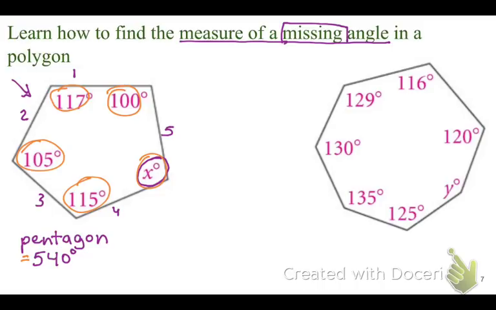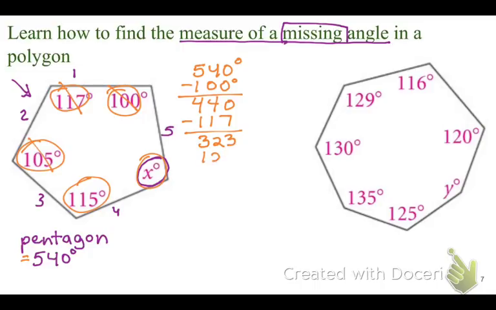So let's try. I know my total is going to be 540 degrees. So I can take away these, and there's a million ways you can do this, guys. I'm just doing it this way. Subtract 440. Then I'm going to take away 117, and I'm going to end up with 323.